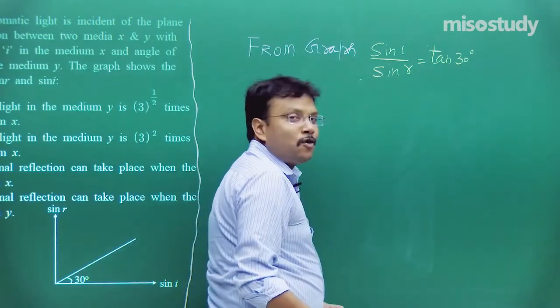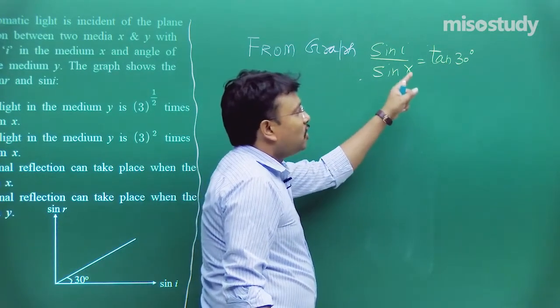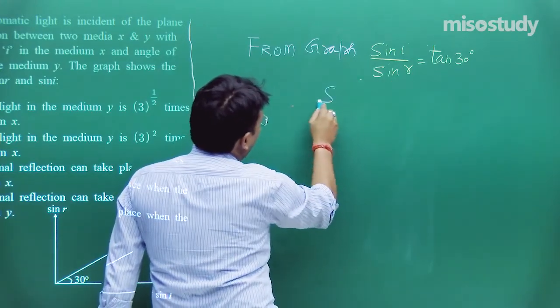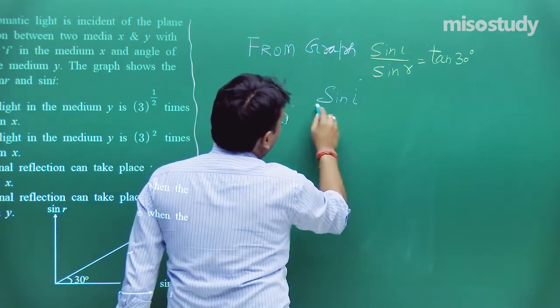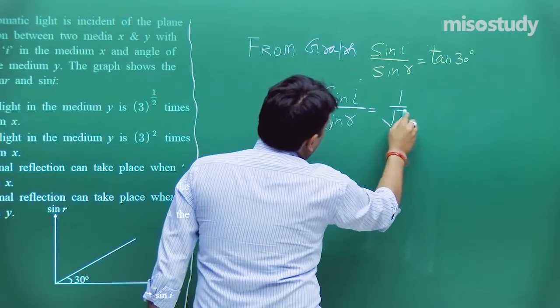Now what is the value of tan 30? Class 9th basic value, 1 by root 3. Let's write down this yellow color equation with the white color chalk, because now you are comfortable with this. So that is 1 by root 3.